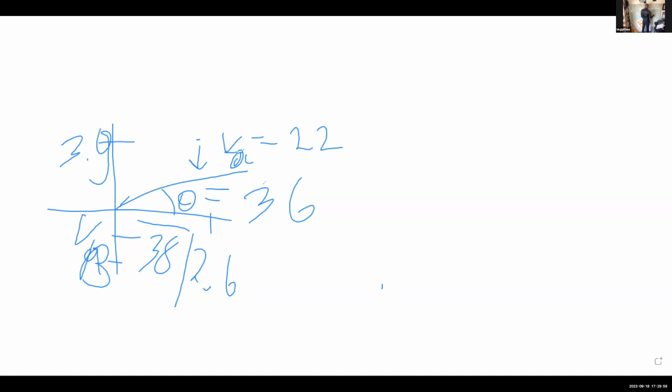So over here, well, the y component of the velocity is just that 22. That was going straight down. So that's the y component of the overall velocity, the velocity of the line in between.